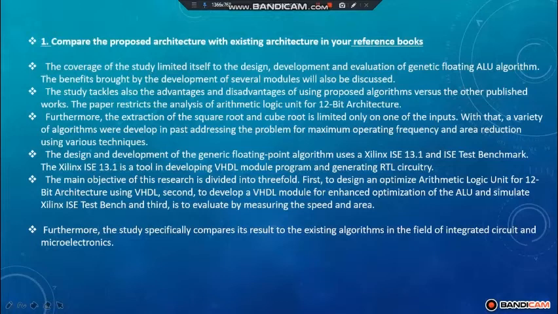The test bench is used to measure the period, and we differentiate from the diagram itself using the test bench. Furthermore, the study specifically compares its results to the existing algorithms in the field of integrated circuits and microelectronics.